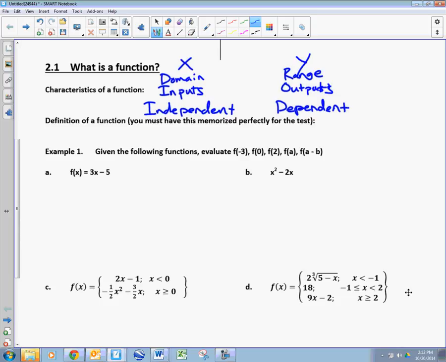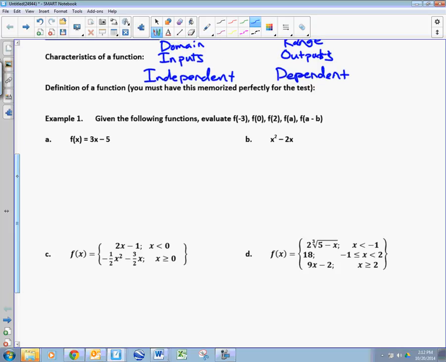What a function is, and you have to memorize this exactly for the test. If you don't, it will be incorrect.